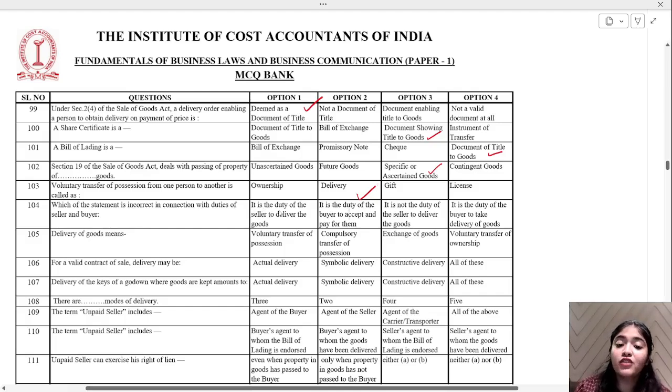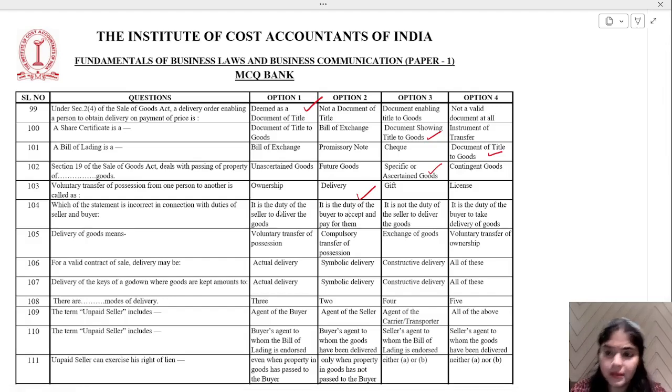It is the duty of the seller to deliver the goods, not compulsorily. It is the duty of the buyer to accept and pay for them. Yes, that is there. It is not the duty of the seller to deliver the goods, or it is the duty of the buyer to take delivery of goods. Tell me, which of the following is incorrect?